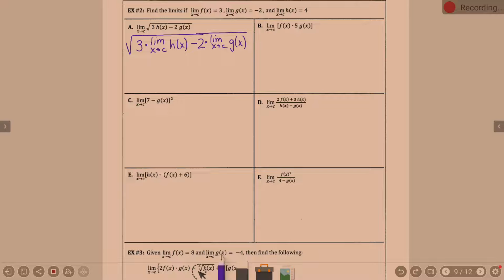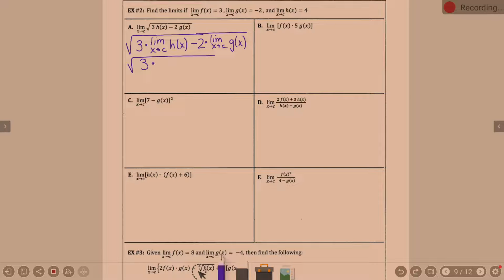Those pieces make sense? I'm using the properties, the same thing whether you write it as one big square root or a power of 1/2, and start filling the pieces in.